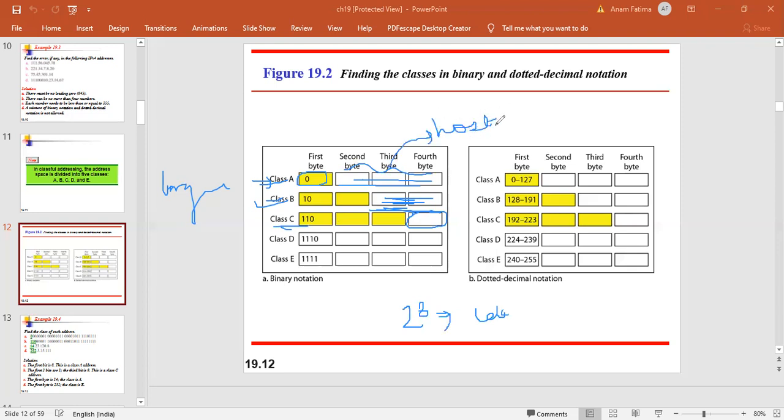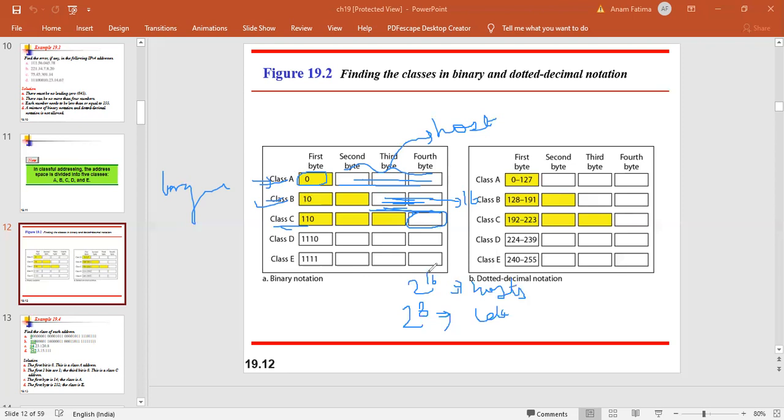If you have a large organization with a large number of hosts within the network, then you go for the class A design. If you have a middle-sized organization, then you go for class B, where your last two octets give you 16 bits, that is 2 to the power 16 hosts that can be identified within the network.